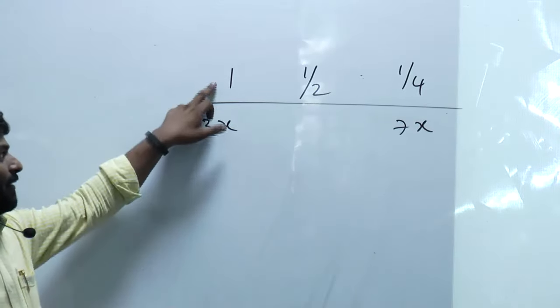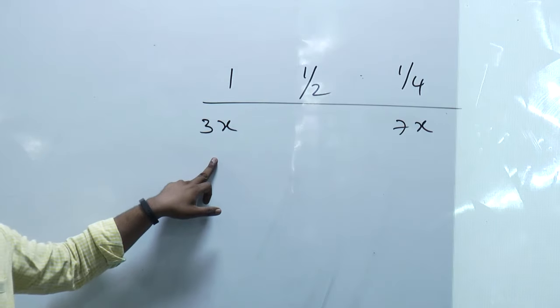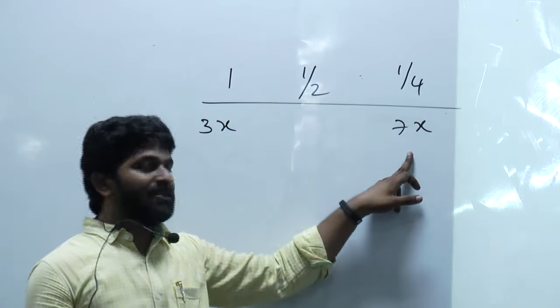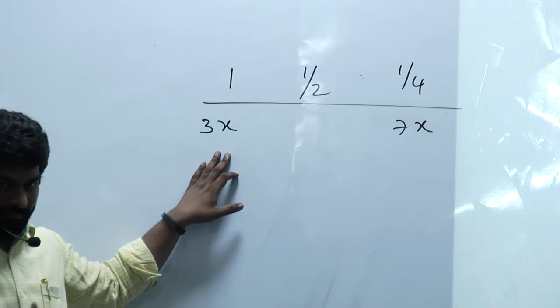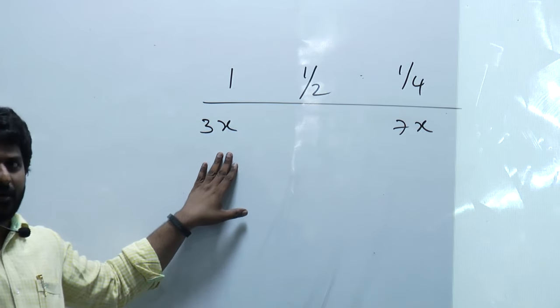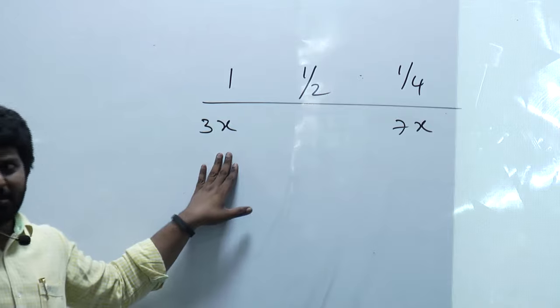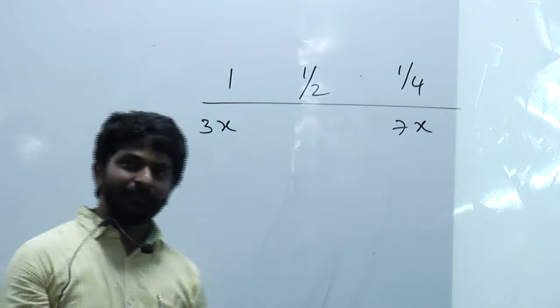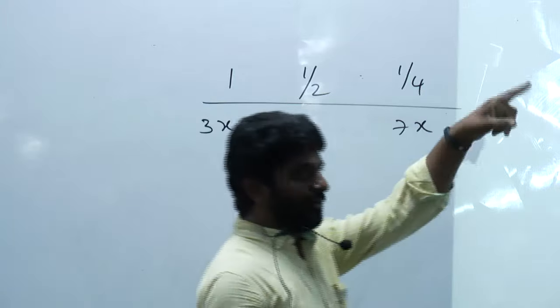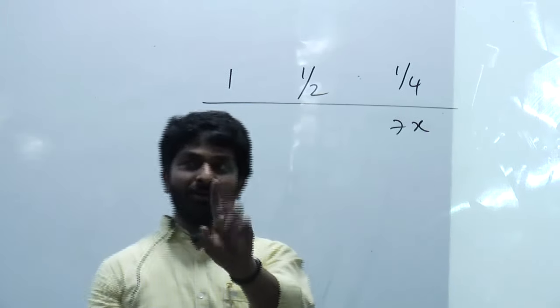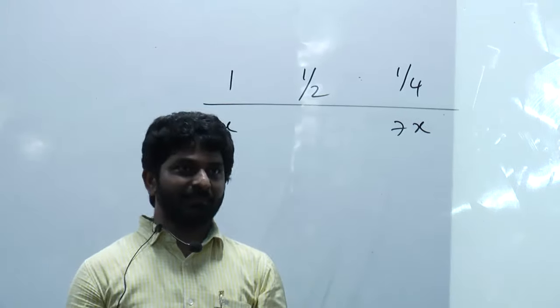Now tell me, how many 1 rupee coins do we have? How many 25 paisa coins do we have? It should be a multiple of 3, right? Let me start with one number, with which I can justify my answer: 21, 24, 27.